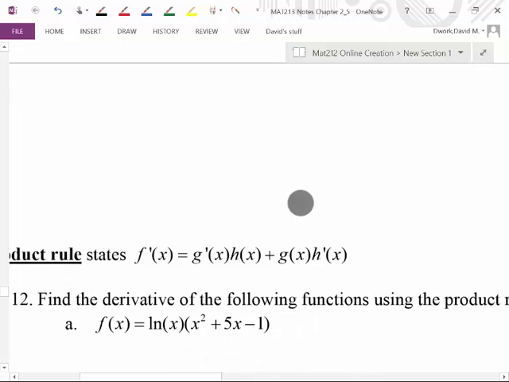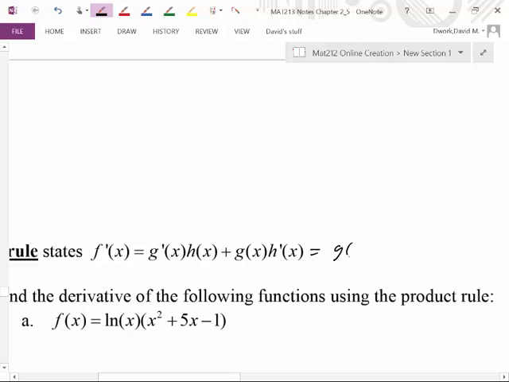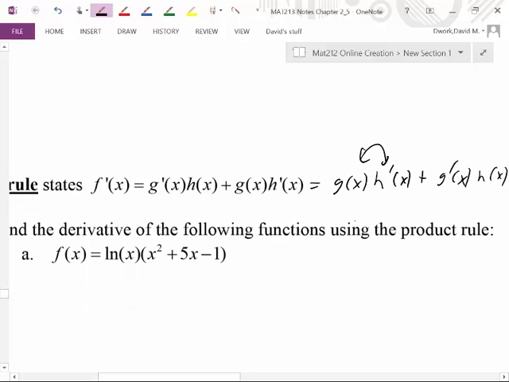So this statement would be equal to g of x times h prime of x plus g prime of x times h of x. And you could switch around the g's and the h's if you wanted to. You could write the h prime first and the g next, because it's multiplication. And what do we know about multiplication? It's commutative too. So you don't have to stress too much about order, which one you do first, which one you do second. Don't let that get into your mind.